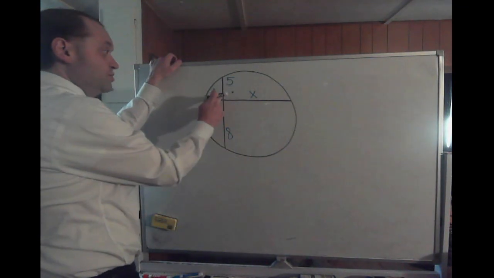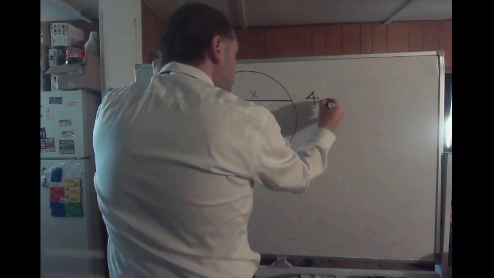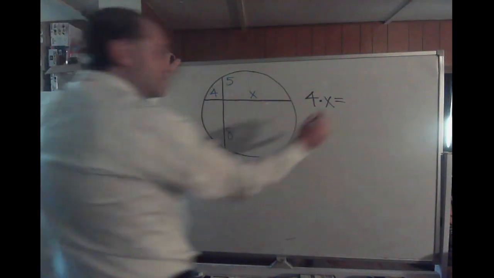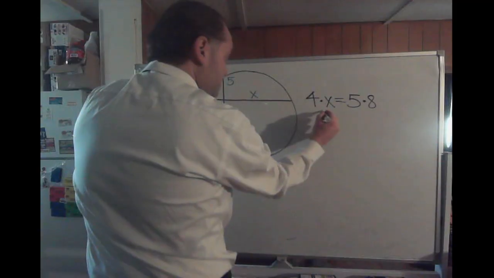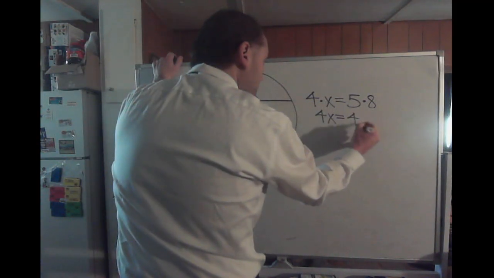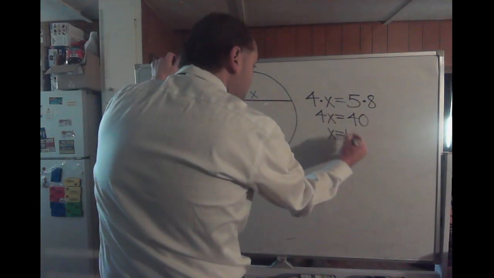So in this case, you would start with 4 times x. So you would take 4 times x, set that equal to 5 times 8. Which of course would end up giving you 4x is equal to 40. Which could only then mean that x equals 10.